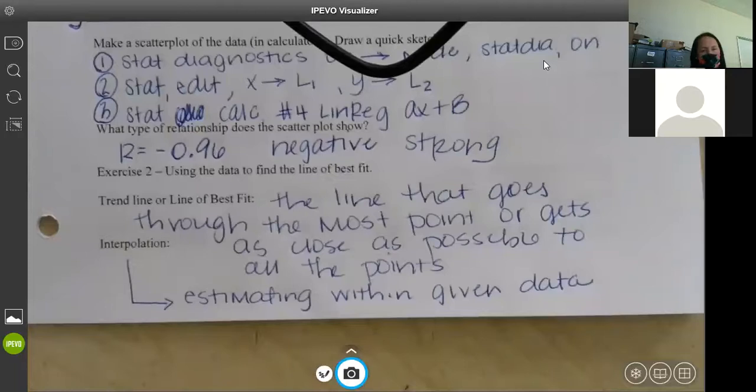Still got some people copying, so we'll get done in just a minute and move on. And again, when we get done, you're just gonna flip the page. Sorry, A-Dayers, I forgot to give you your notes the other day, but you'll get them on Monday.